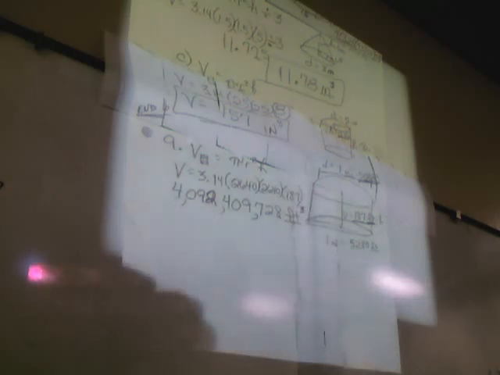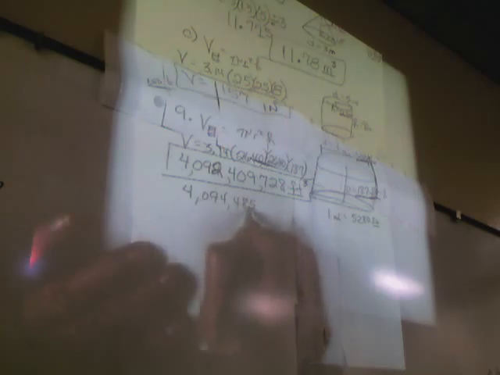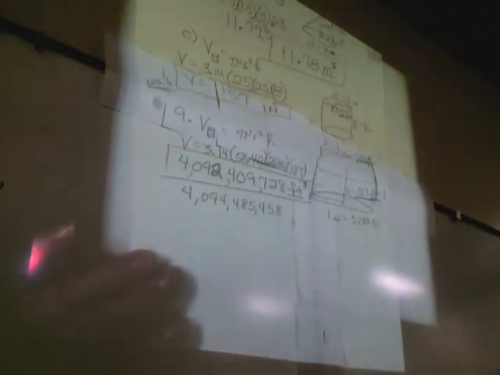Cubic feet of water. If you have a pi button on your calculator and you use it, you'll probably get the answer the book said. The book had this answer: 4,094,485,458. So see, when you get into really huge numbers, how much of a difference?